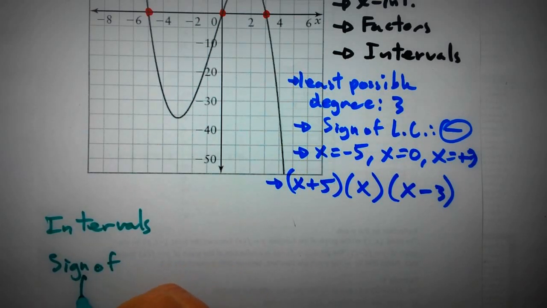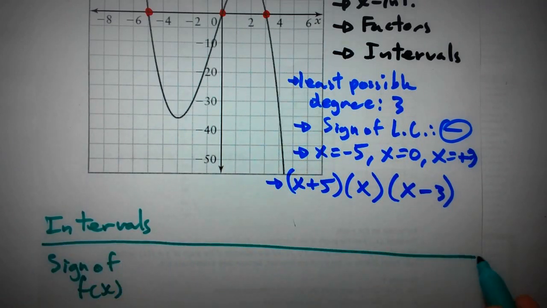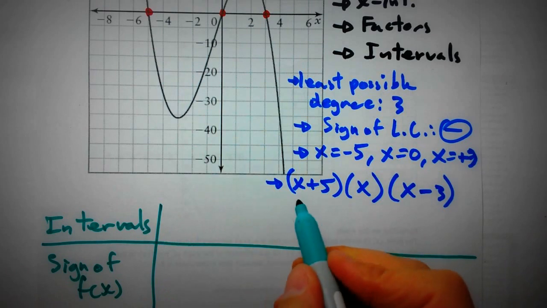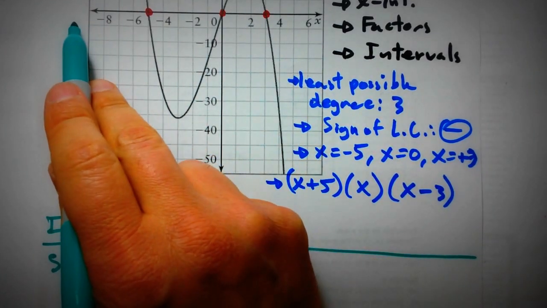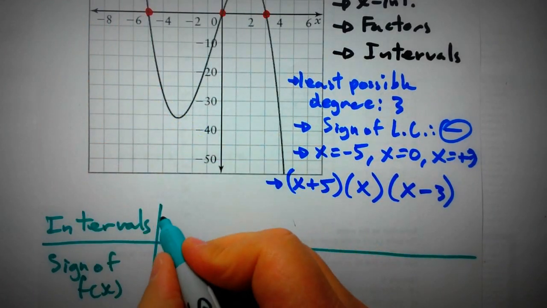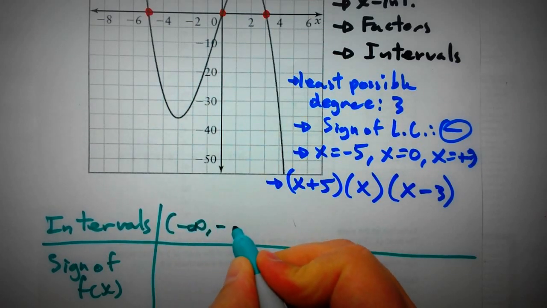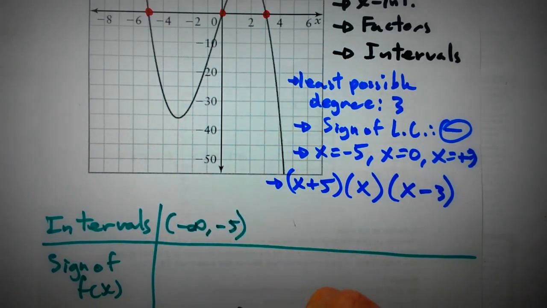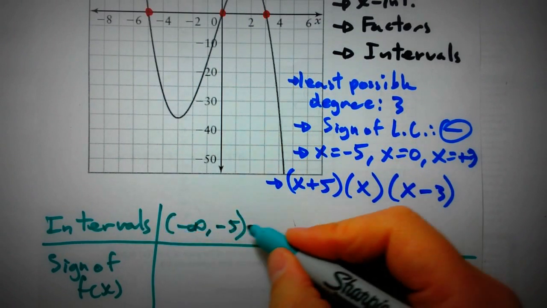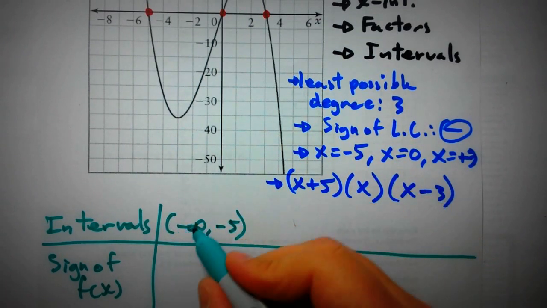And then of course we start putting in our intervals. As we said before, from -infinity to -5. If you need to review interval notation, you should do so right now.